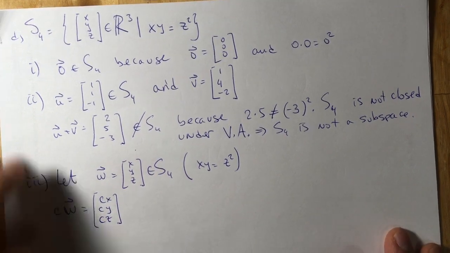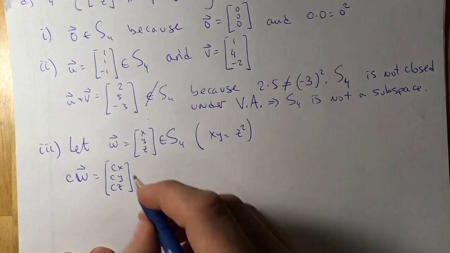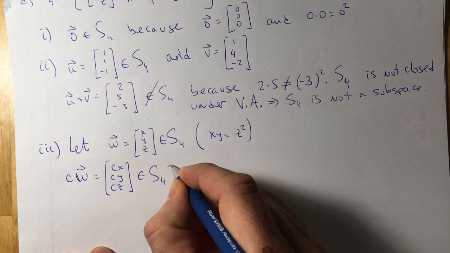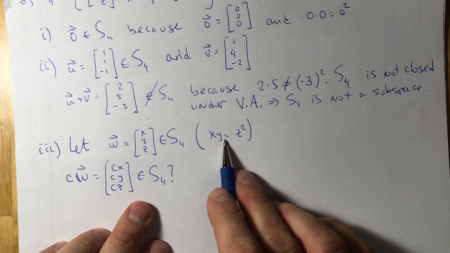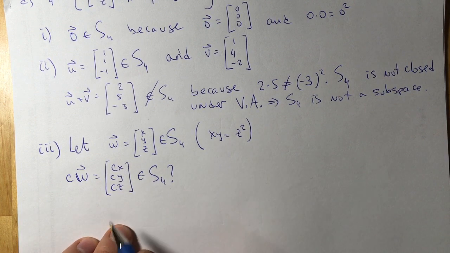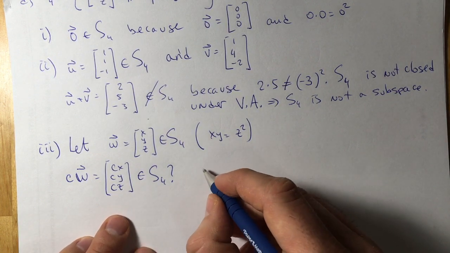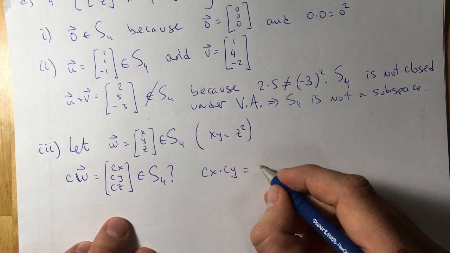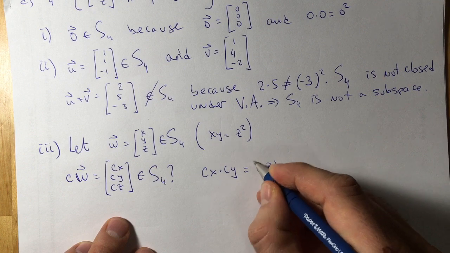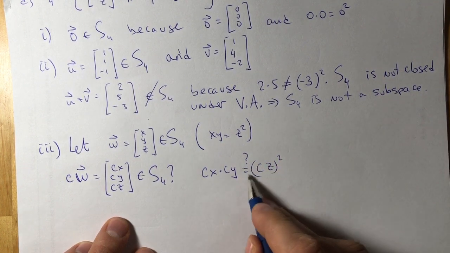And now the question is whether this vector is in S4. And when would it be in S4? If this condition is satisfied, the product of the first two entries is equal to the last entry squared. So Cx times Cy, is it equal indeed to Cz squared? So whether this equality holds.